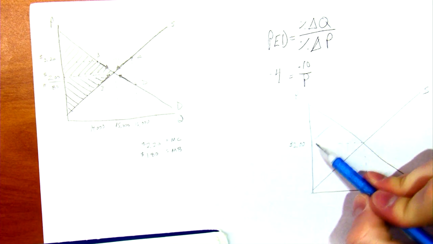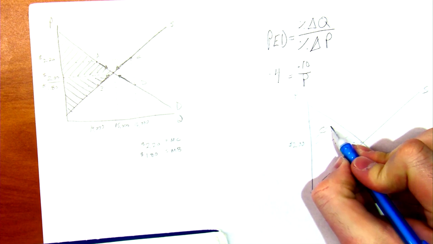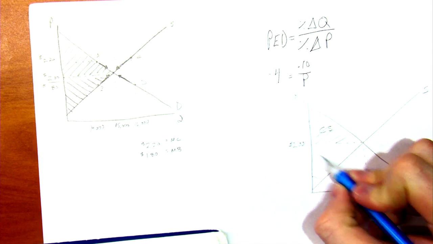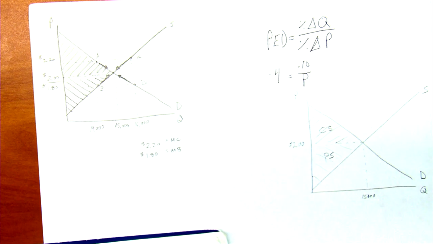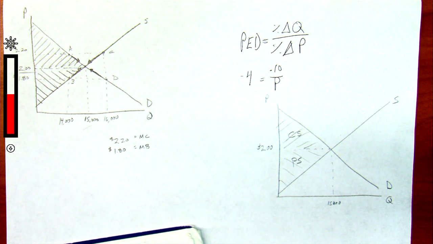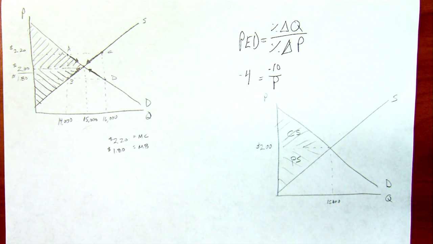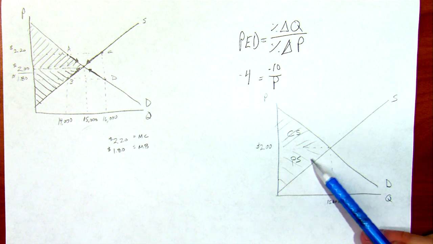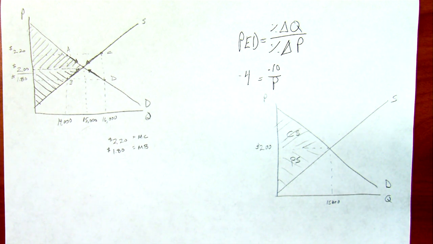And again, this is consumer surplus, and that's producer surplus. So right now we've got those two areas maximized because we're at the equilibrium point.